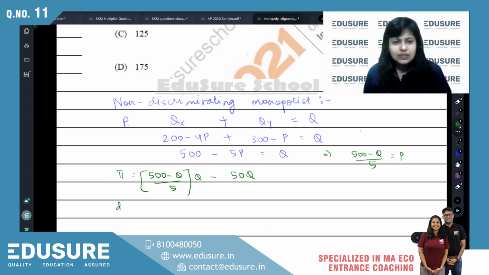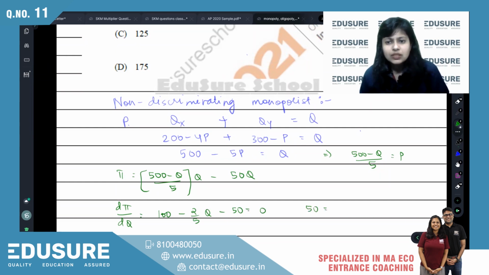Differentiating, this is 100 minus 2 by 5 Q minus 50 is equal to 0. So 50 is equal to 2 by 5 Q, so Q is 250 by 2, which is 125.